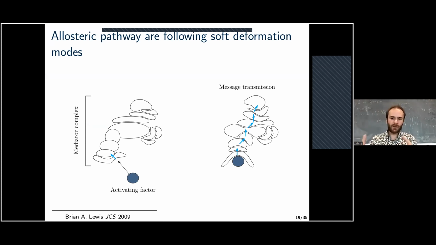And here we see something very similar, where we have the size of a system that is regulated by some softness of mode, and it reminds a lot of this allosteric pathway. We don't even need more biological ingredients to regulate the size of a system. It just does it by itself, the same way these collagen fibrils are doing.